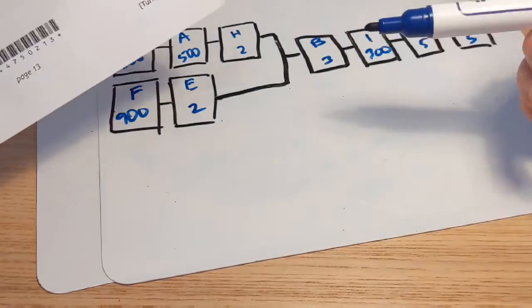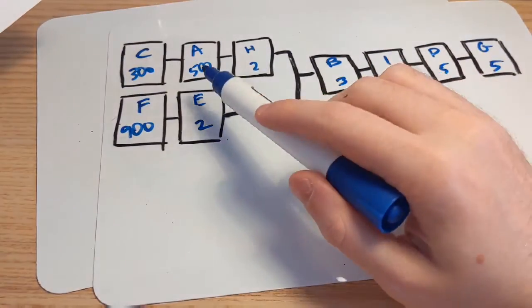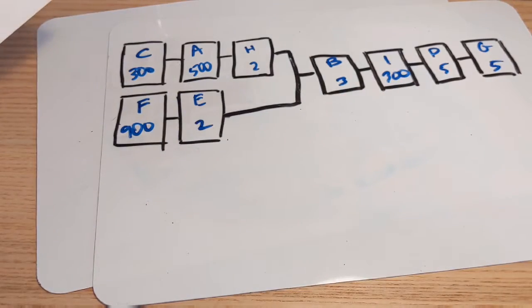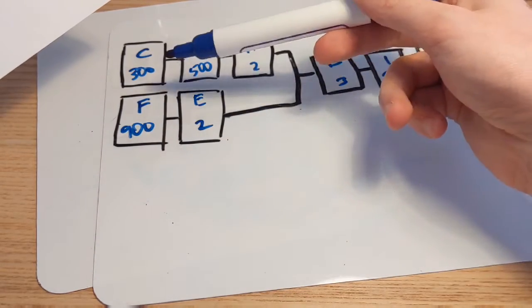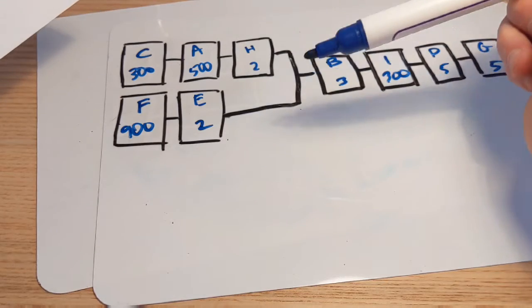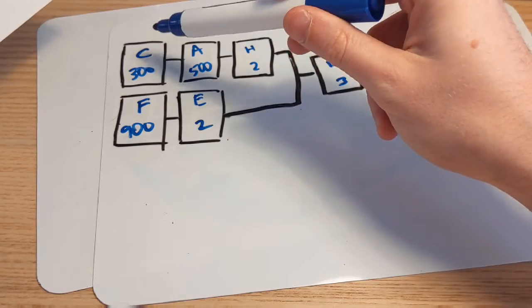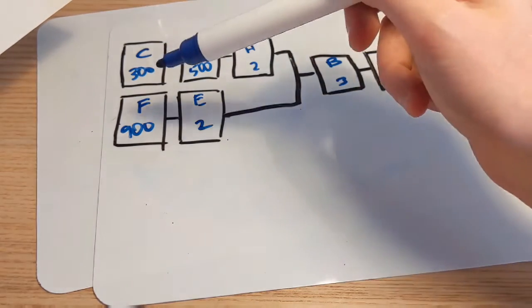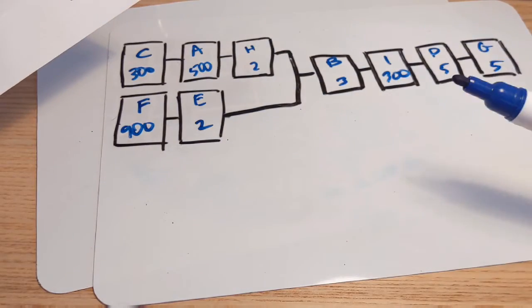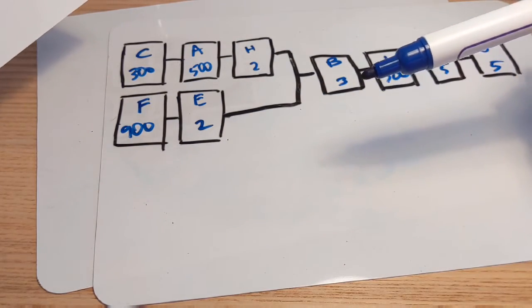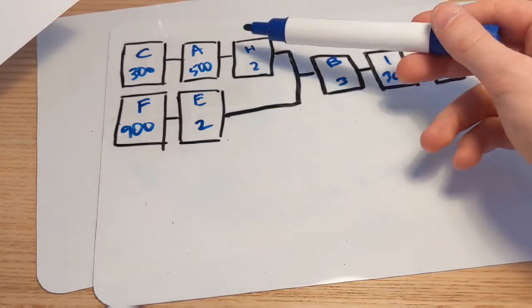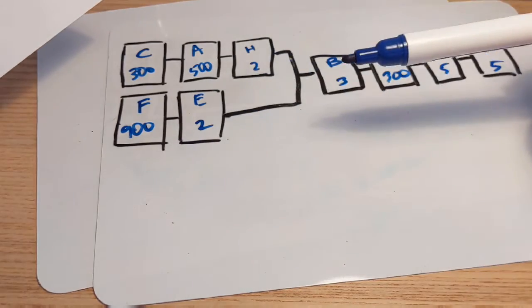The way to read precedence tables is that there are tasks that can be completed at the same time. Anytime it splits, it means that those two sets of tasks can be completed at the same time. So I can complete the tasks C, A and H at the same time as I can F and E. What that means in terms of the time taken to complete everything is that the longest of those two is how long all that stuff is going to take.